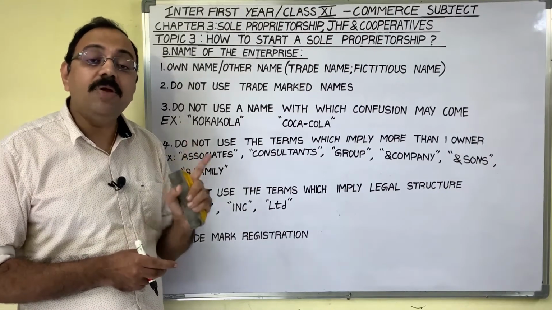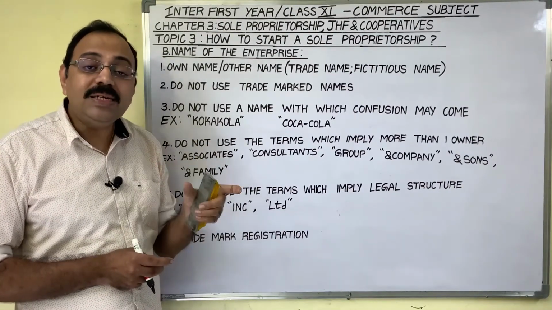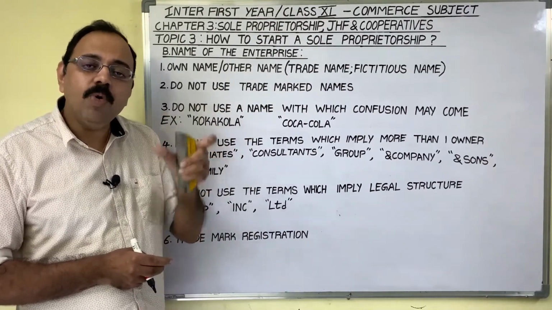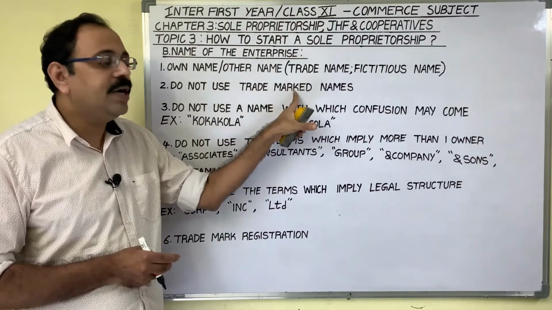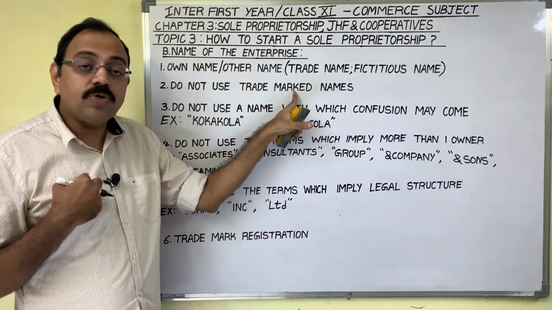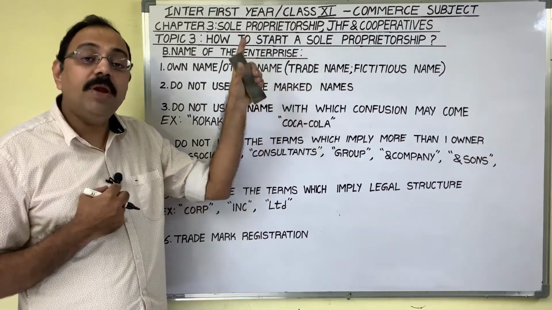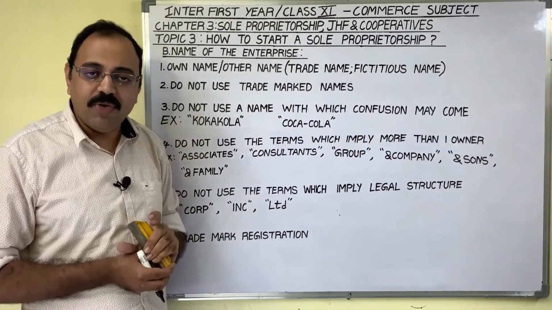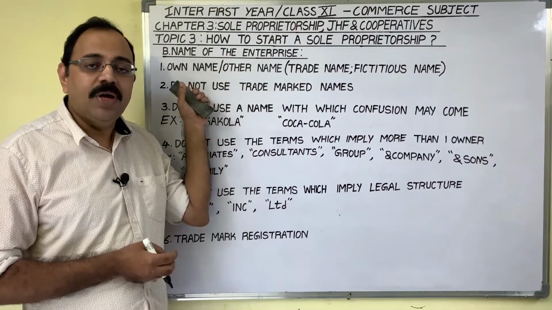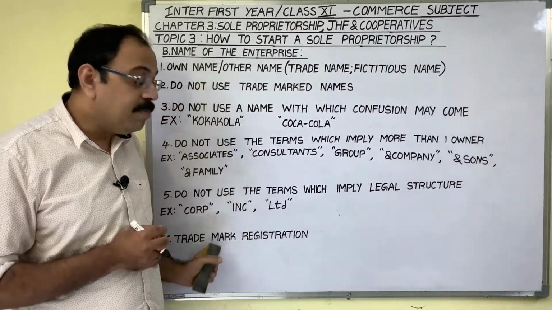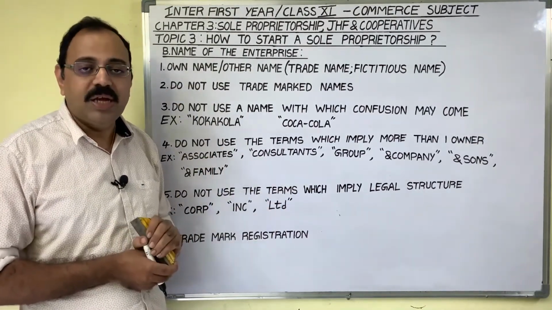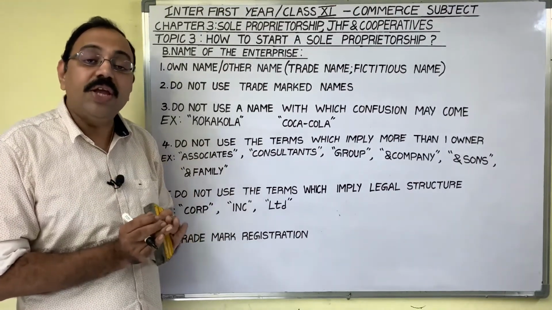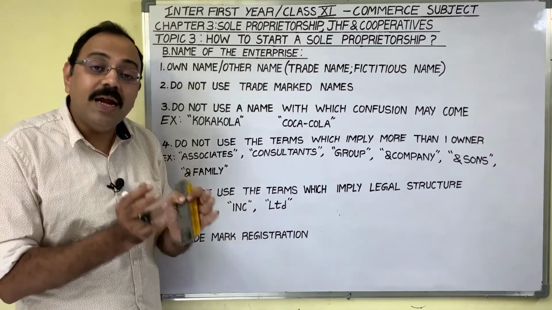But if the Charminar bookshop owner registered his name with the government, means if Bhavani Bookstalls is a trademarked name, then you are not supposed to use the same name. So the Charminar bookshop owner may take legal action against you in future. Therefore, before deciding the name, you have to check the trademark registration database, and confirm that the name you are going to use for your organization is not a trademarked name.